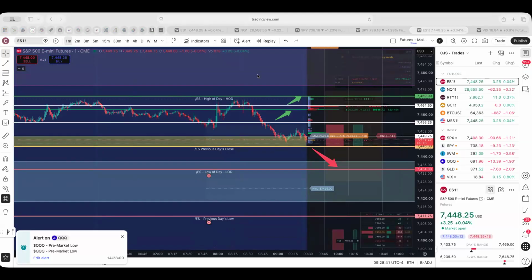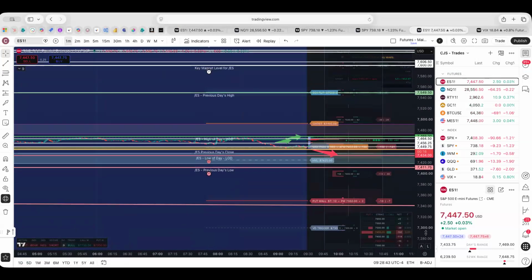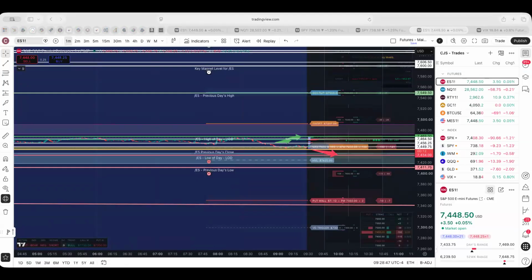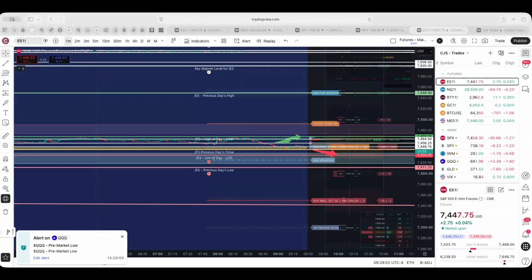Previous day high is staying high above. So previous day high, if you're trading futures, is 7549.50. Okay, what haven't we marked? I think we've got high of day already. High of day is here, 7469. So we've got all our levels marked.